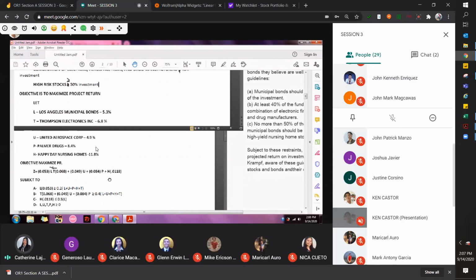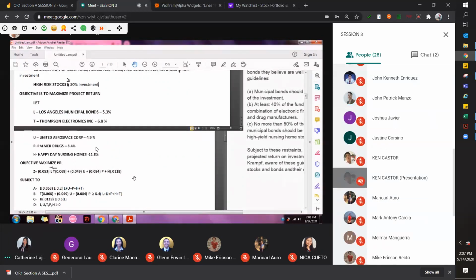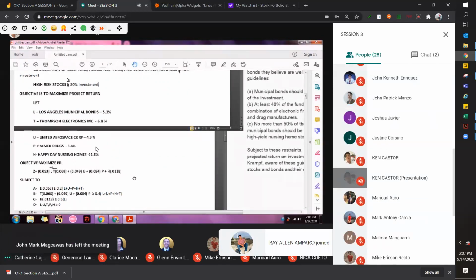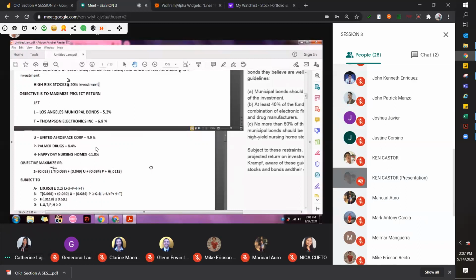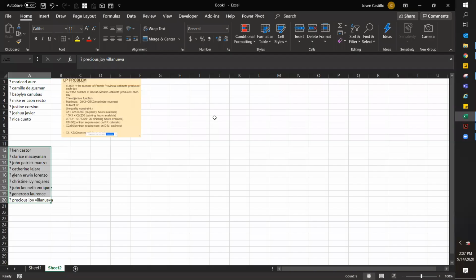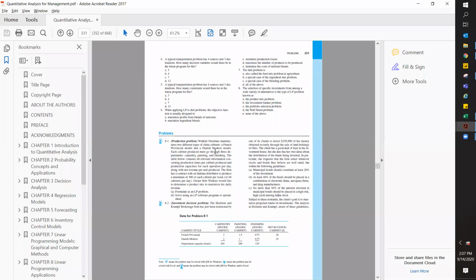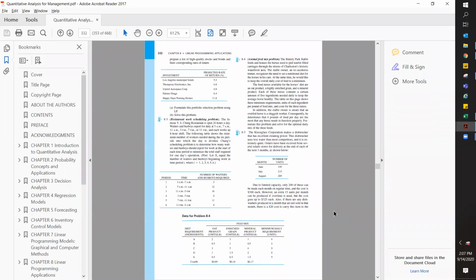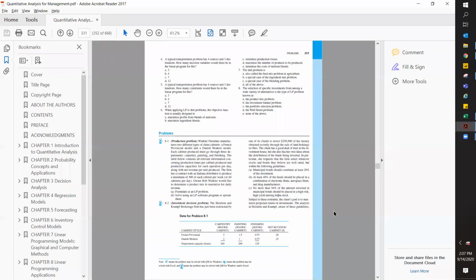Okay, so lagyan lang natin ng konting clarity yung decision variables. Let L be not just Los Angeles municipal funds, but rather, to make it clearer, stocks allocated for municipal bonds.